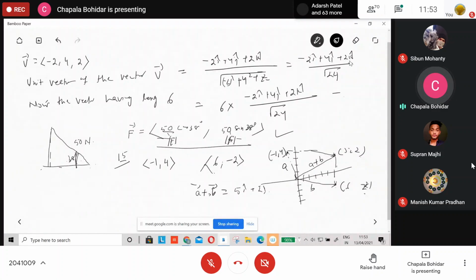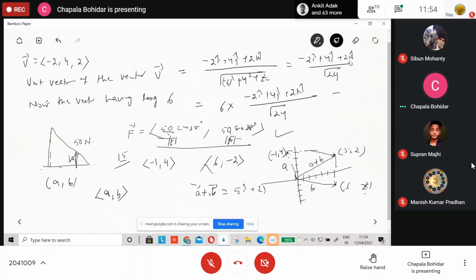What is the relationship between the point AB and the vector AB? Can anybody? Come again. What is the relationship between these two?